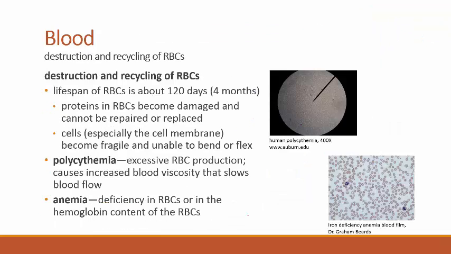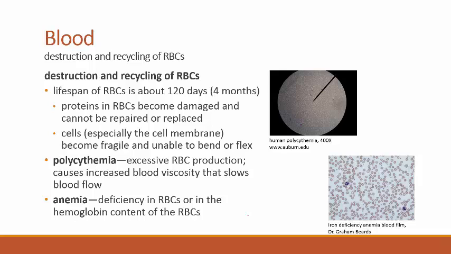Okay, last slide then is about the destruction and recycling of red blood cells. So as we said, the lifespan of a red blood cell is about 120 days. The proteins in red blood cells can become damaged, especially there in the membrane of the red blood cell.